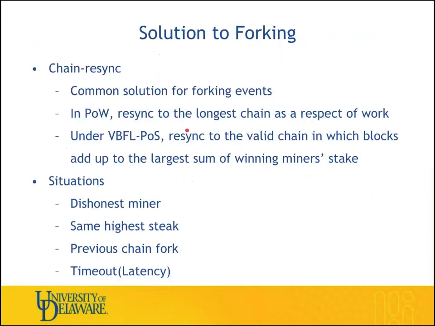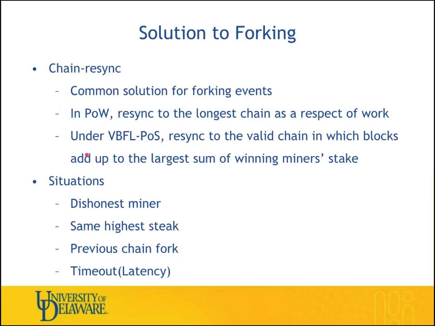A solution to forking is chain resync, which is already a very common solution for forking events, such as in PoW, where nodes would resync to the longest chain in the network to respect the mining work. So under VBFL PoS, at the beginning of each communication round, no matter what role a device becomes, the device would do a chain resync before it performs its jobs.